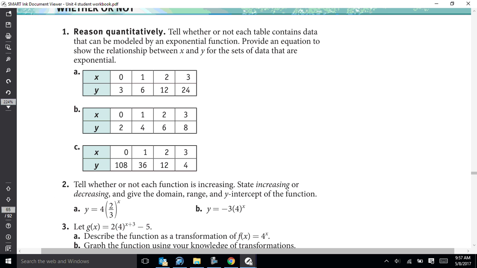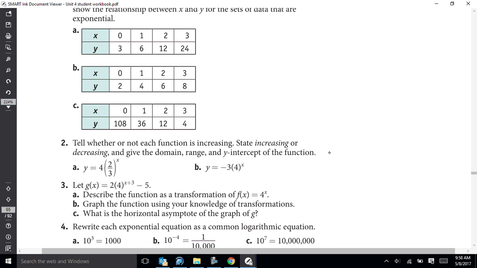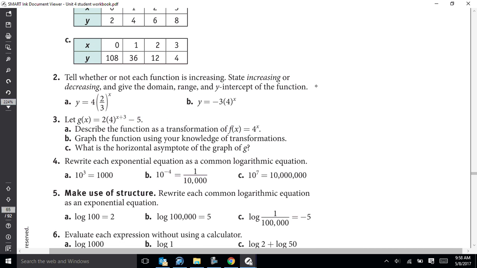So are you adding, multiplying, dividing, subtracting? Multiplying, right? Because that's the whole point of exponentials. It's fast multiplying. So look, are you multiplying the same amount each time? If it's yes, then it's exponential. If it's not, then you just write no.